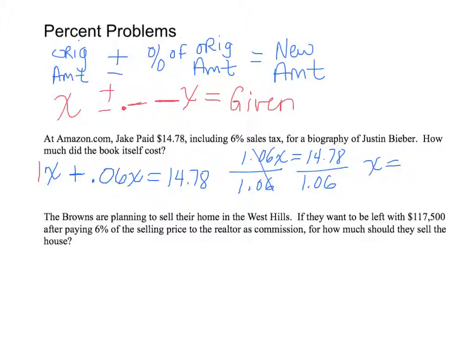Just do this on the calculator. It looks like it is 13.94339623, and that's the end of the decimal spaces on my calculator, but it probably will go on after that. So let's just round that to the nearest cent, so I think it's $13.94.